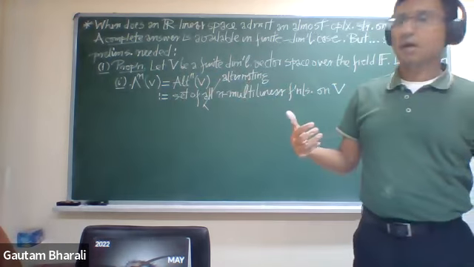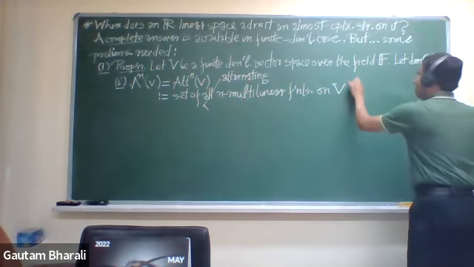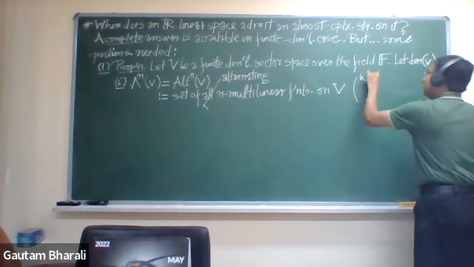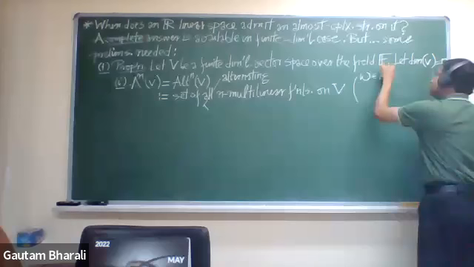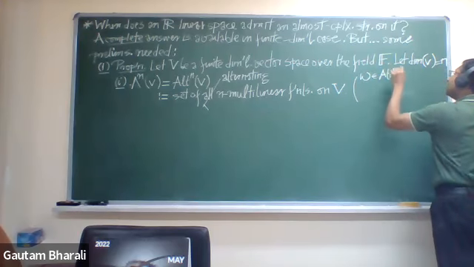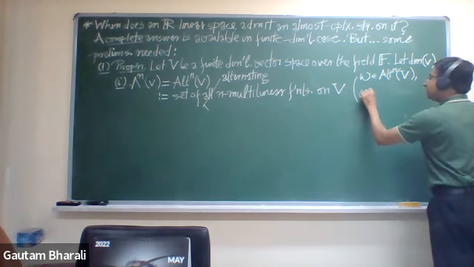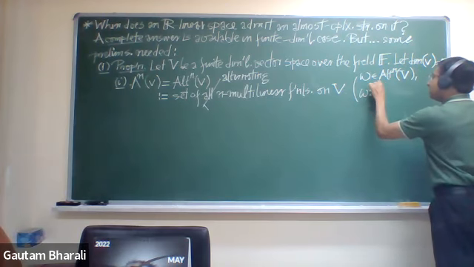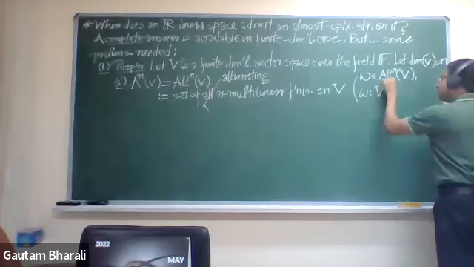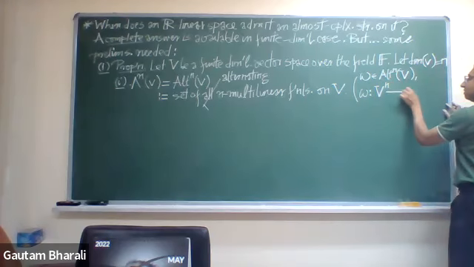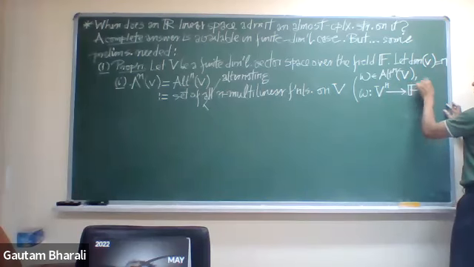In other words, if omega is in alt n of V, then omega is in fact a functional on the n-fold Cartesian product of V, taking values in the base field.